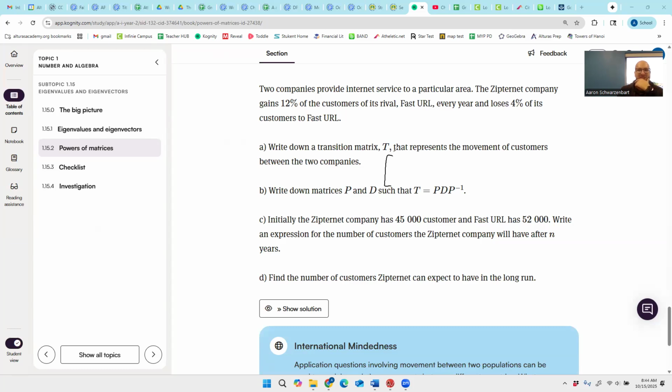Transition matrix, with current on top: ZipperNet, Z. If ZipperNet loses 4%, it keeps 96%, right?